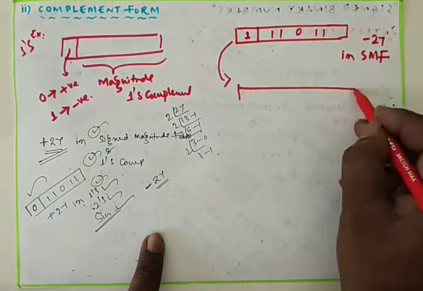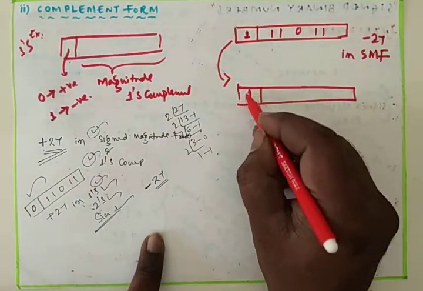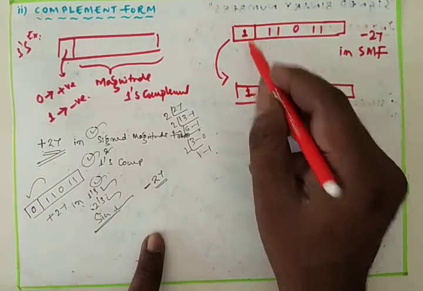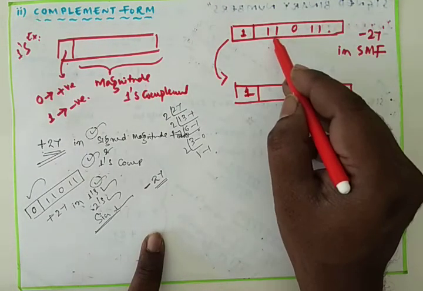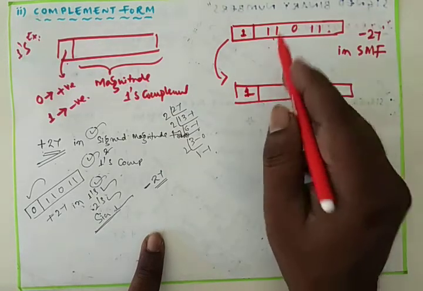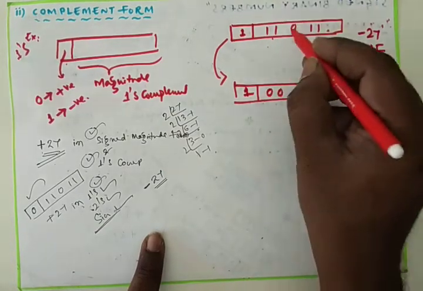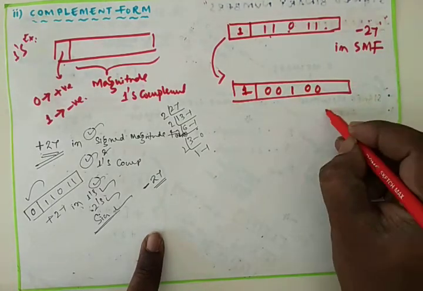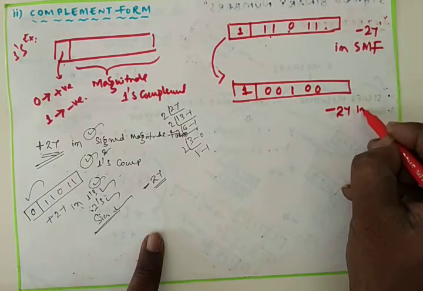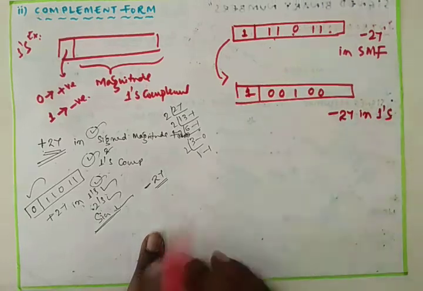Minus 27 in one's complement form. The 1 remains the same. In one's complement form, we have to write this magnitude in one's complement. 1 1 means 0 0, 0 means 1, 1 1 means 0 0. That means now it is minus 27 in one's complement form.